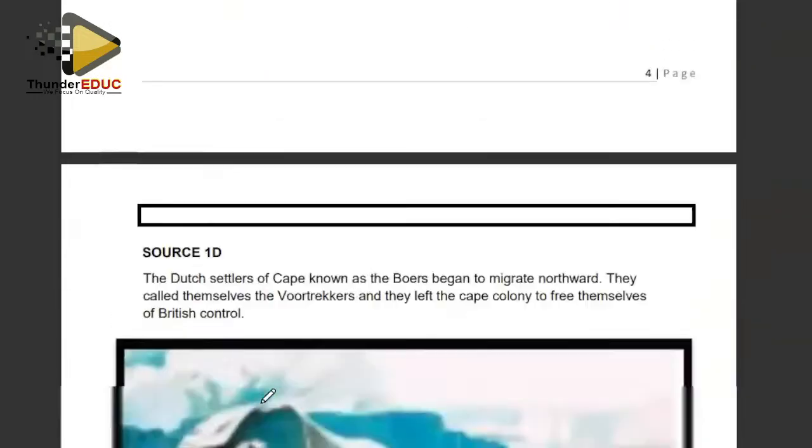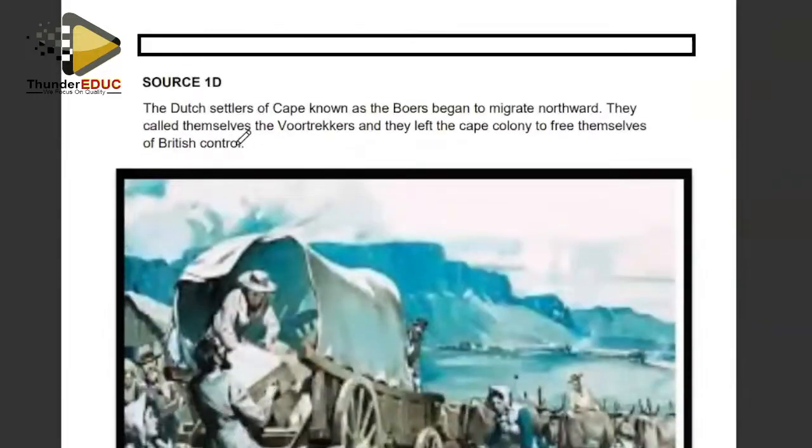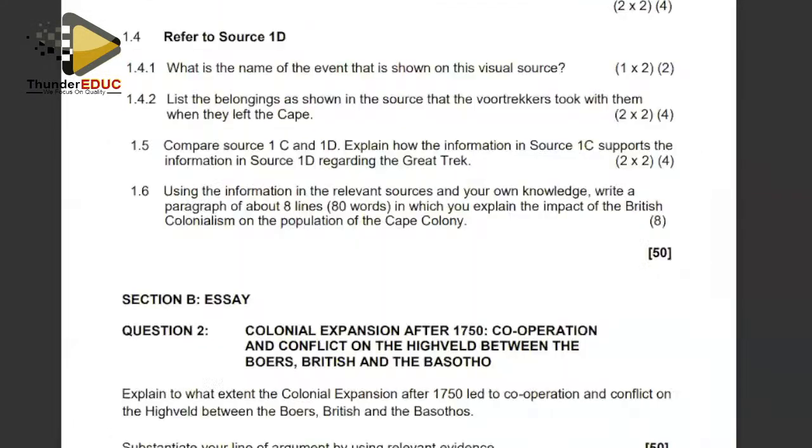That is the question. So automatically we are talking about the Great Trek, and we are also seeing evidence there that these guys are in preparation of movement. So automatically that's the Great Trek, which is being portrayed here. The Great Trek.